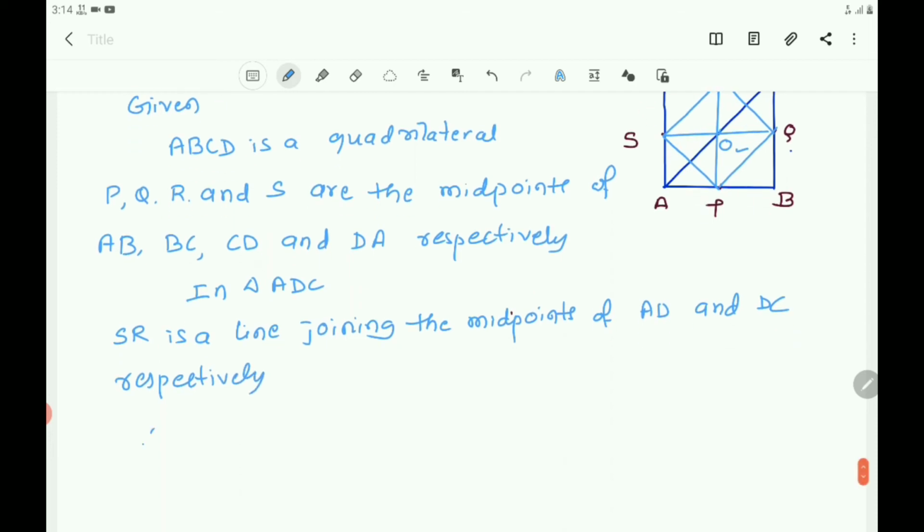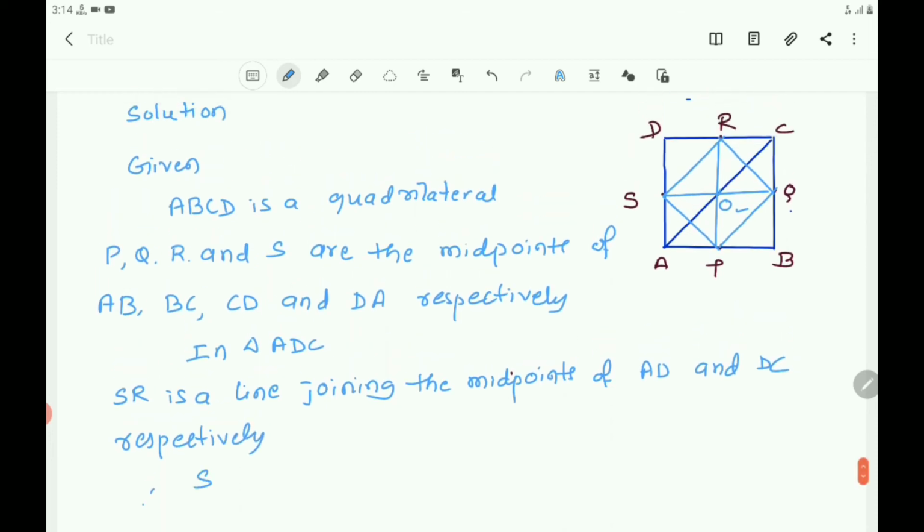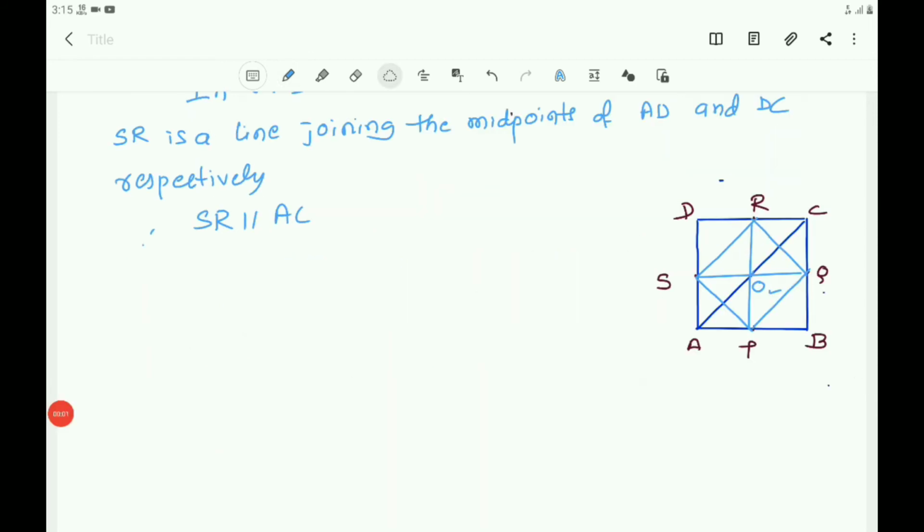Therefore you can say that SR is parallel to AC and SR equals half AC. Consider this as the first, and the reason is midpoint theorem.